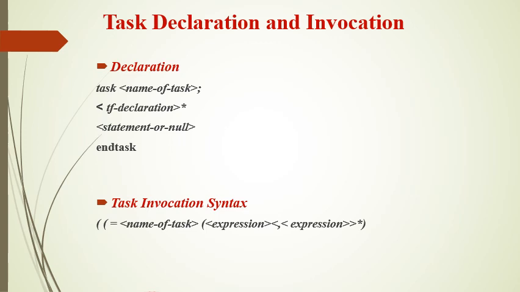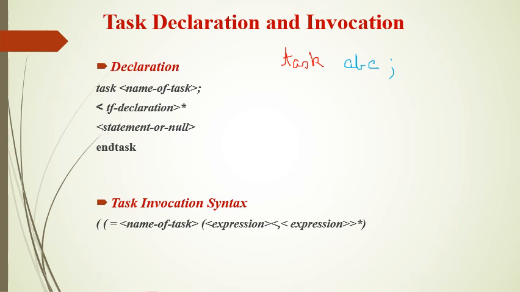So I'll just take one small example of task declaration. Say task is the keyword. Then let me take, say, ABC as the name of the task.